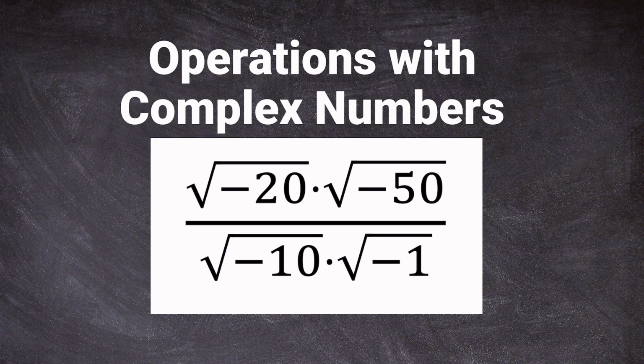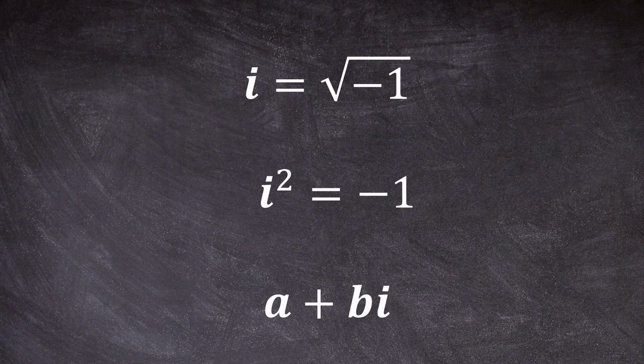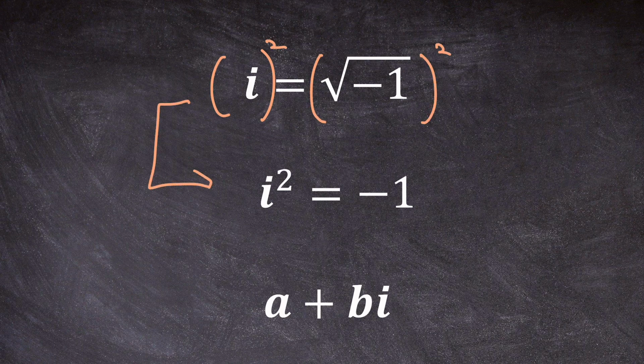Now, in order to solve this question, you need to know the following information. This imaginary number called i is equal to the square root of -1. That is why if we square both sides of this equation, we end up with i squared is equal to -1.